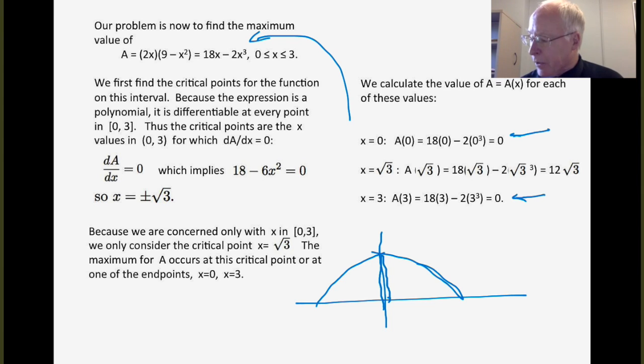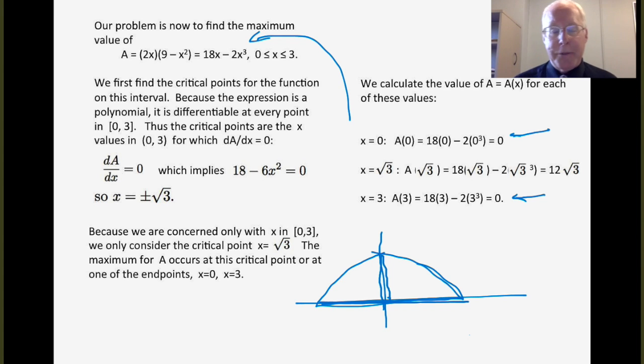The other kind of silly one is the other endpoint, x equals 3. That corresponds to taking the lower right corner of the rectangle down here at the point where the parabola meets the axis. That's the point 3. And that rectangle will not have any height, and so it too will have area 0.